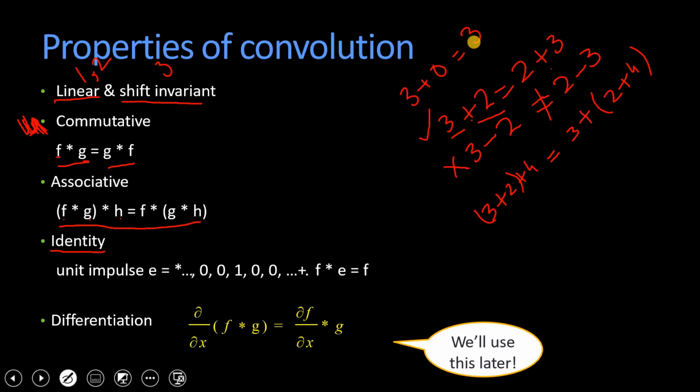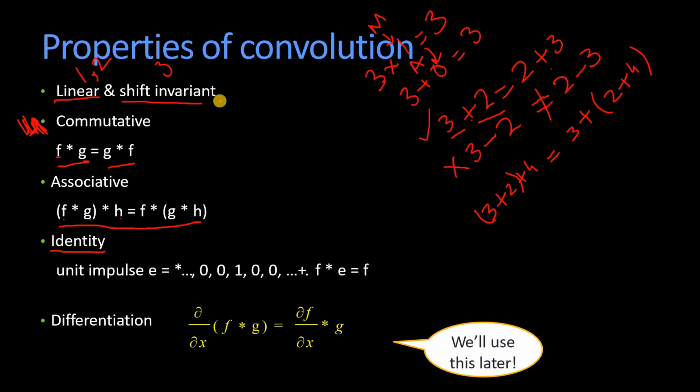So for add, 0 is the identity, but for multiply, 1 is the identity. Identity is such an element that makes no difference on the result, on the input. It makes no difference.